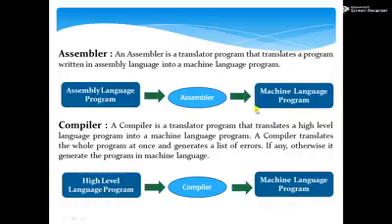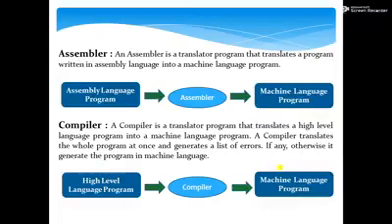The next one is the compiler. A compiler is a translator program that translates a high level language program into a machine language program. Here is the compiler which translates a high level language program into a machine language program.